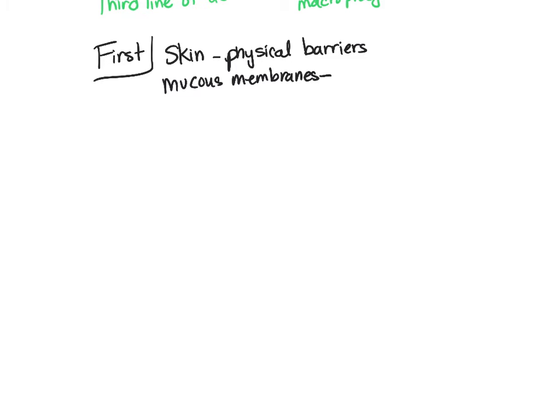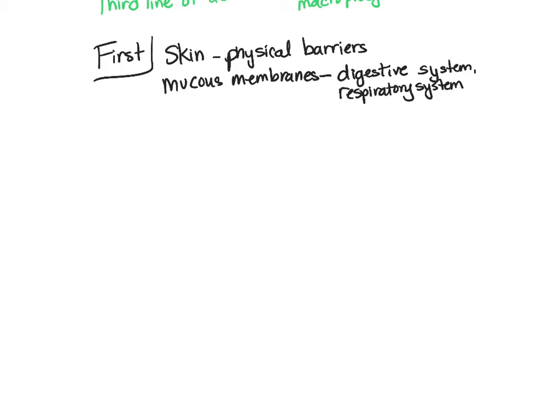And then we also have our mucous membranes. So when we talk about mucous membranes, what we're talking about are things like our digestive system, which is lined with all sorts of mucus and different things that we're going to talk about that are secreted. Also things like our respiratory system, our trachea and our bronchi that we'll talk about. We have cilia and we have mucus trying to get anything out.